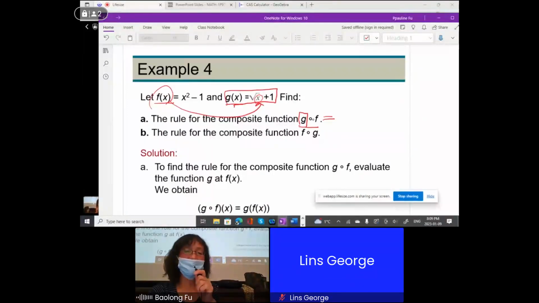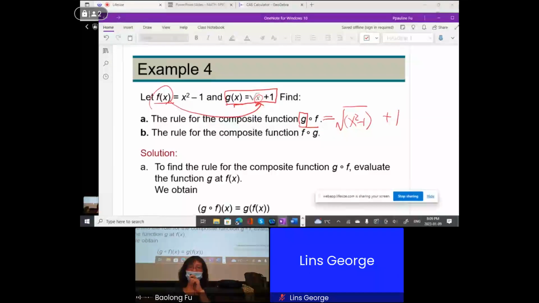That is g circle f. g circle f means in function g, when you say x, you plug in f(x). That is the composite function. And then simplify this one. But this one is already simplified. You cannot further simplify. Now let's look at the other one.